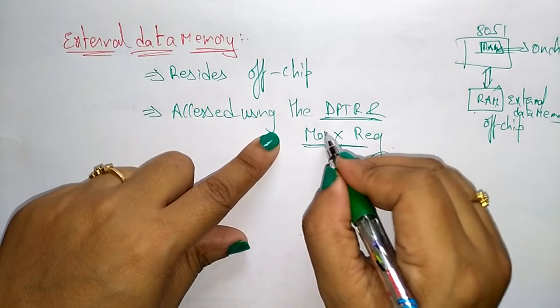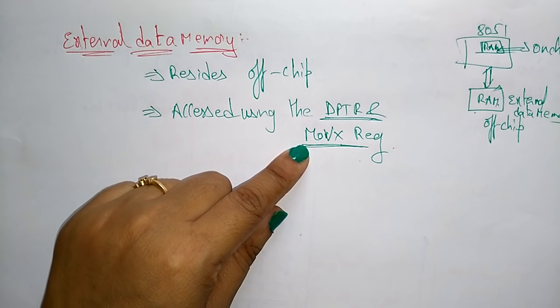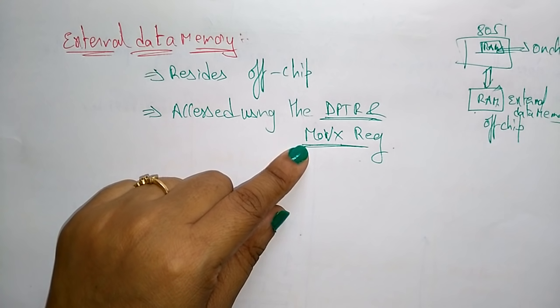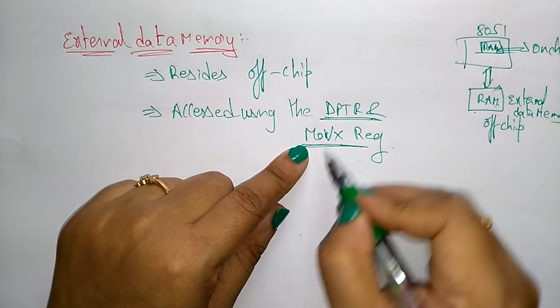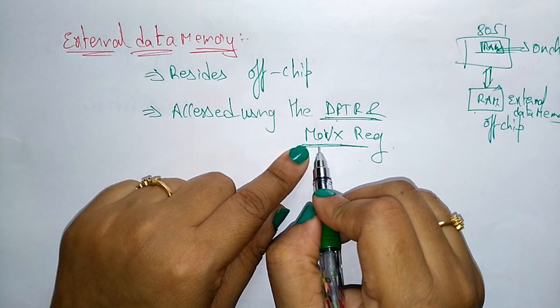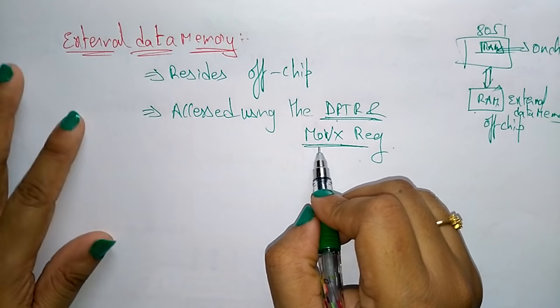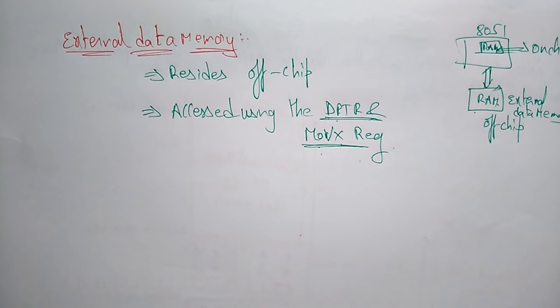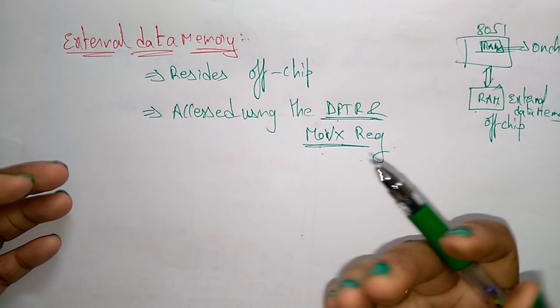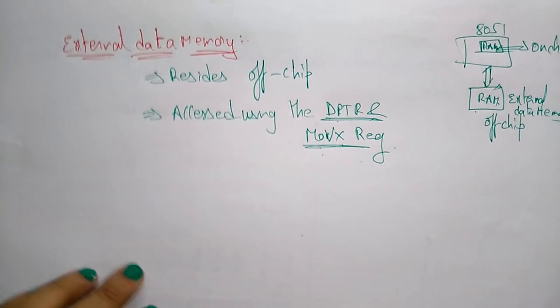You have to remember, while you are writing the assembly language program, if you want to access the external data into the 8051 microcontroller, then you have to use these two registers, data pointer register and the MOVX register. Okay. We will use the small memory model here, and all data that is present is on chip, and it should be limited to only 128 bytes of data. So this is about the external data and internal data that is present in memory organization.